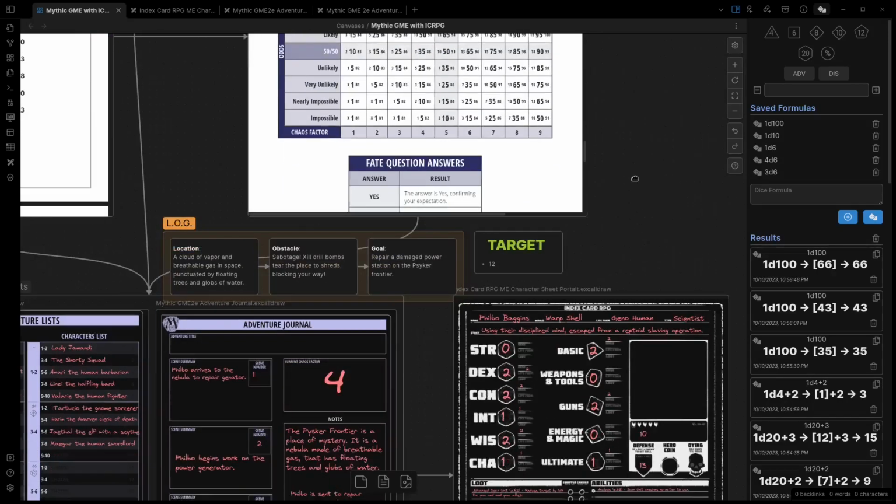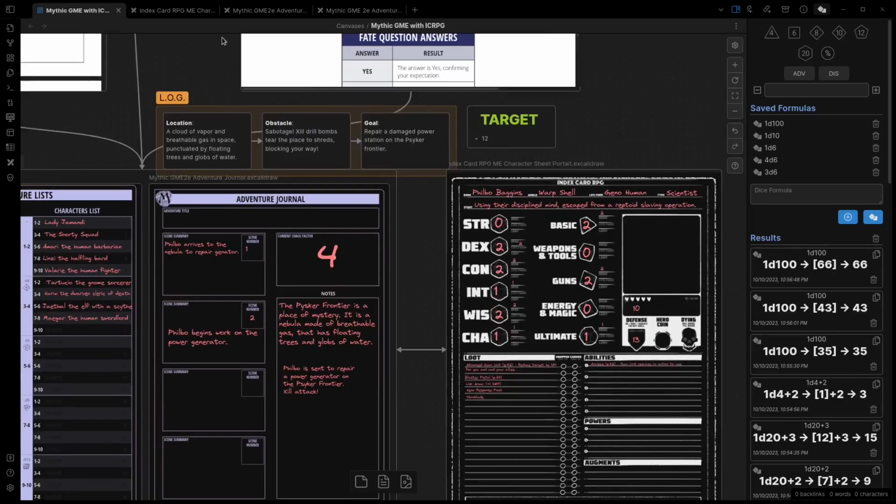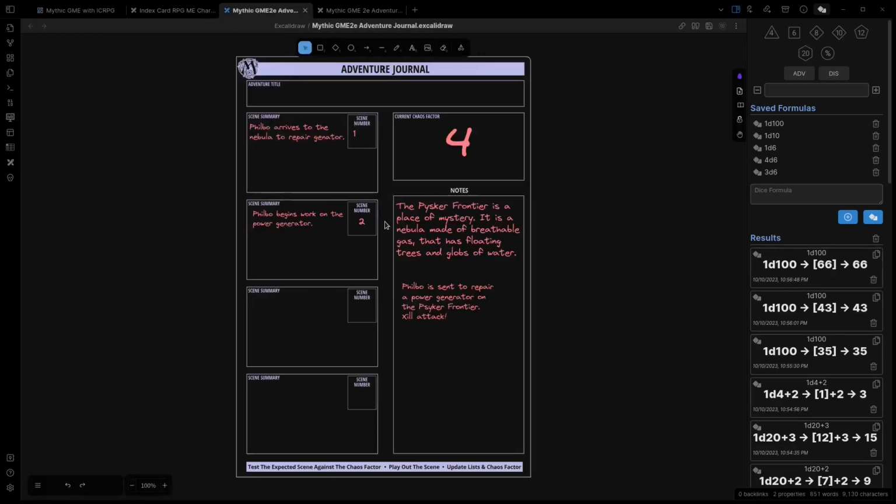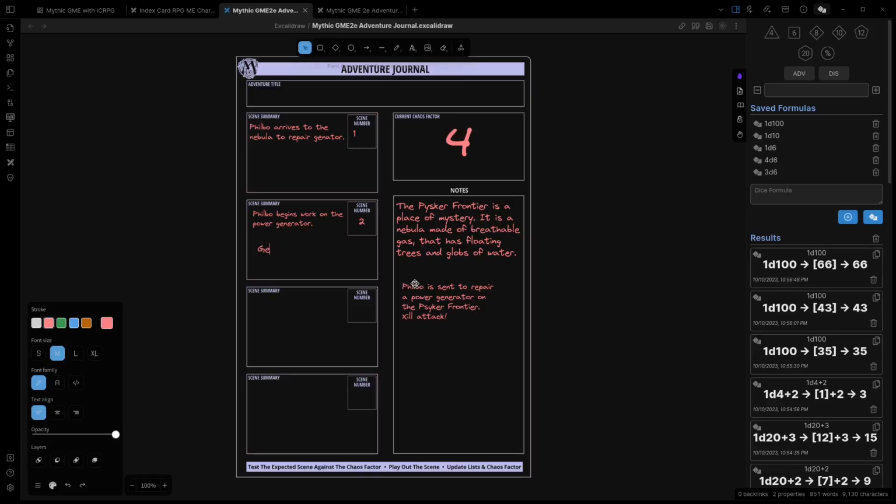which sounds like the end of this scene. So let's update the journal here. Generator repaired and defense turret activated. Unable to shoot Zil bombers.